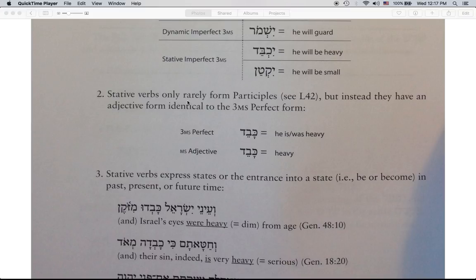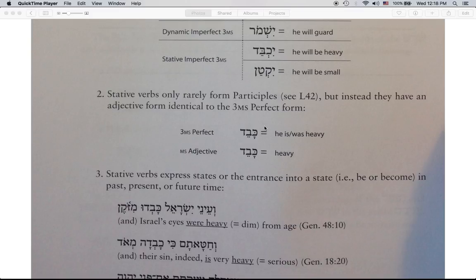We also learned that stative verbs only rarely form participles. This is kind of a moot point right now because we actually haven't learned participles. We will in lesson 42. Instead, stative verbs have an adjective form identical to the third masculine singular perfect form.